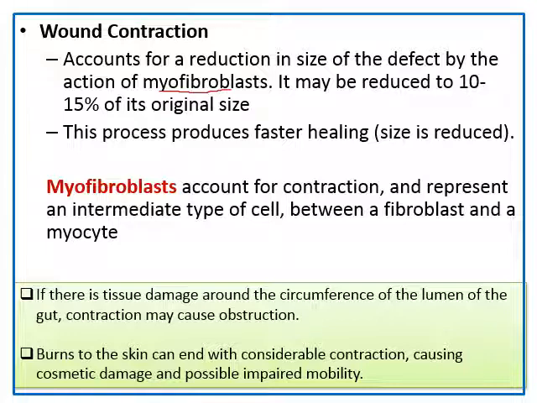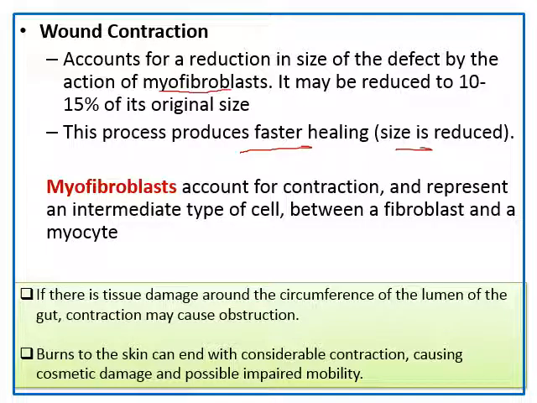And these contractions help in reduction in the size of the wound. We need this, we don't want the wound to be big. However, this contraction could lead to complications, and we will talk about it later on. So it may be reduced to 10 to 15% of its original size. This process produces faster healing as the size is reduced.